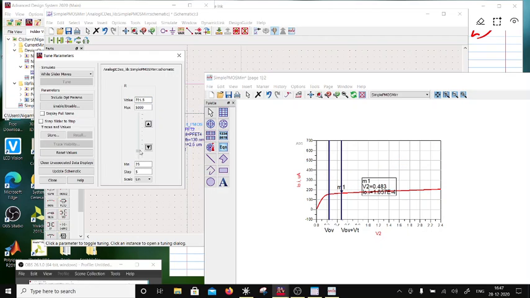The current goes down, that's understood, but the slope basically goes down with this source degeneration. The output resistance goes down, right? So you understand what I'm saying, right?